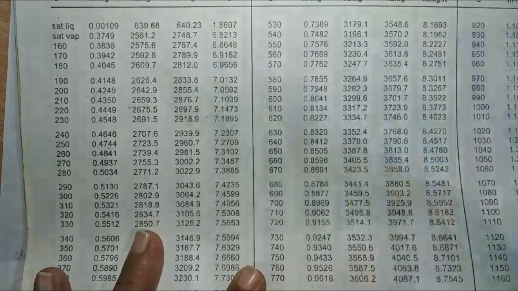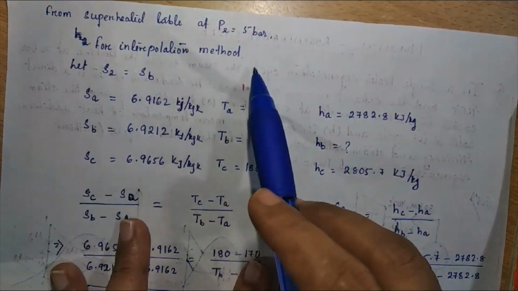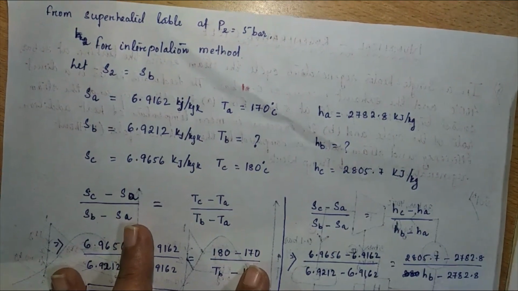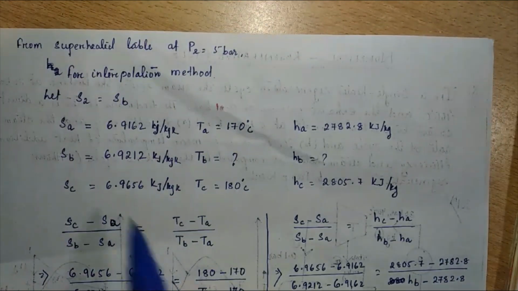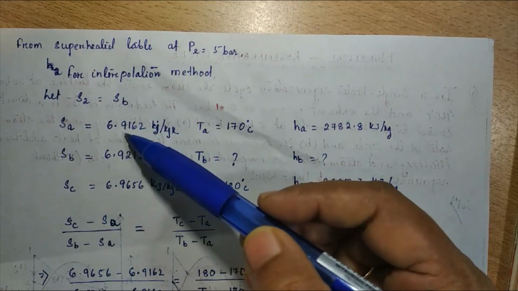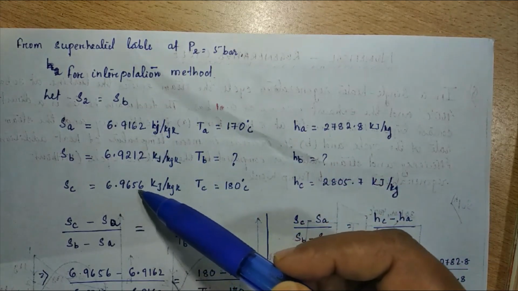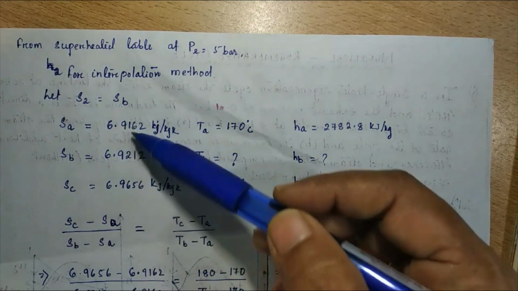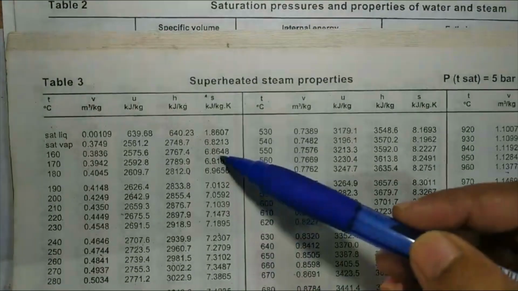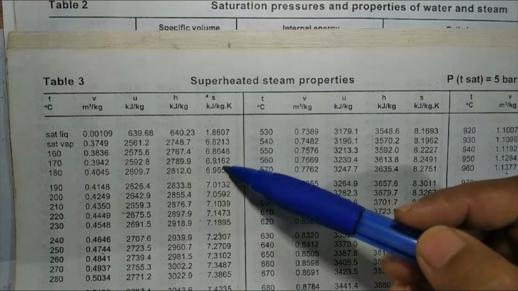So for this we have to follow the interpolation method. See, for the interpolation method we have the entropy that is 6.9212 and its nearest values that are 6.9162 and 6.9656. These two values we get from the steam table, and it is here, 6.9162 and 6.9656, right?